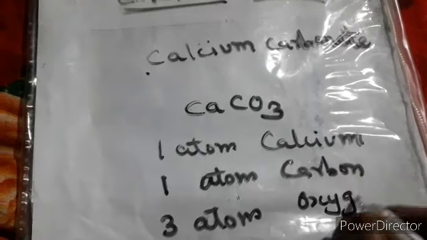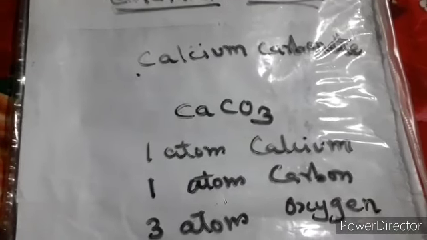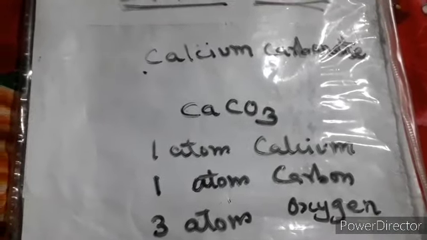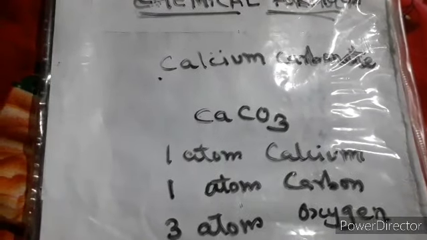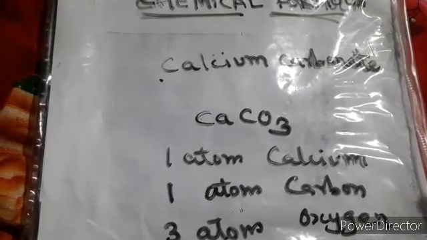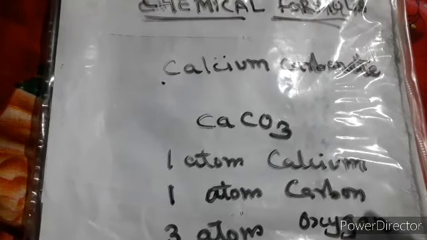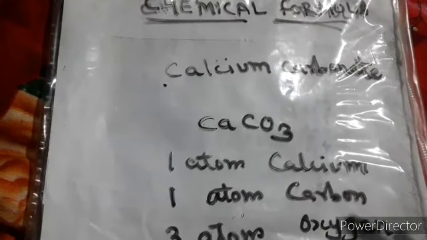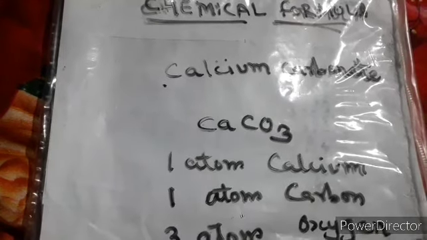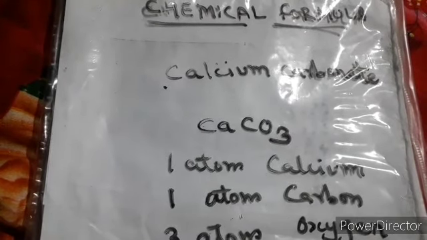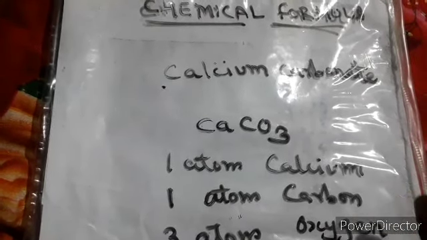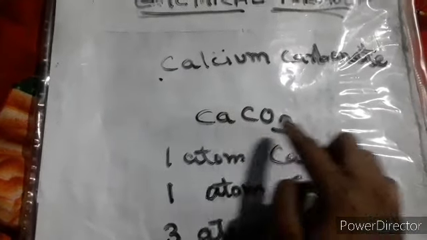So this way you can see that these particular elements are combining chemically with each other, and they are represented by a molecular formula, and then you give a chemical formula to it. This way you can understand how these subscripts or values are given and why we have got this formula.